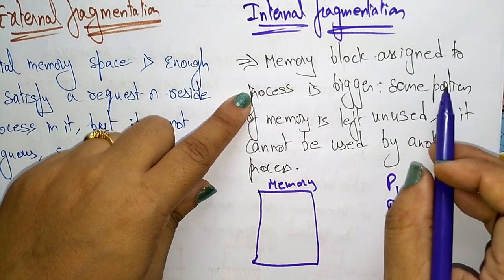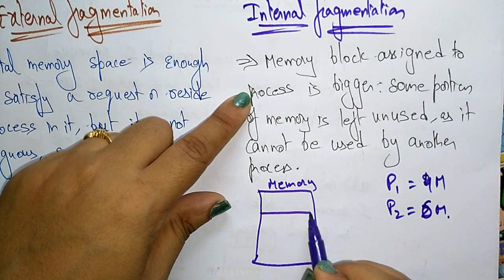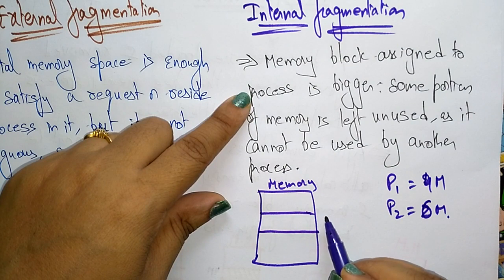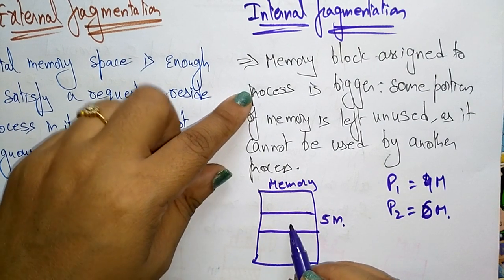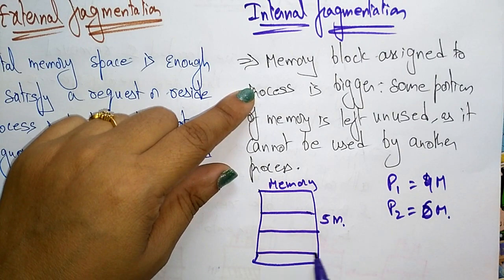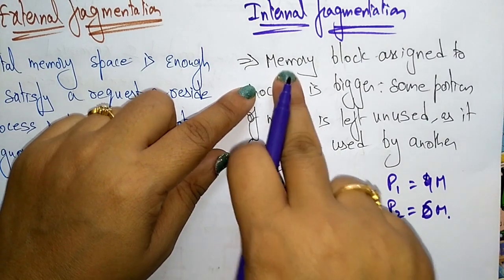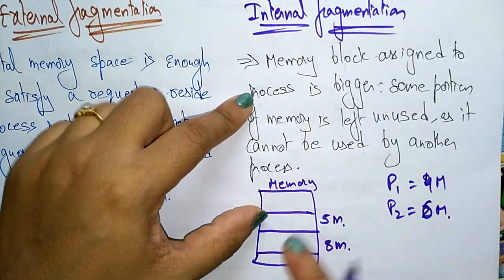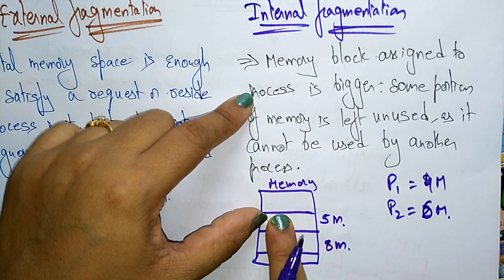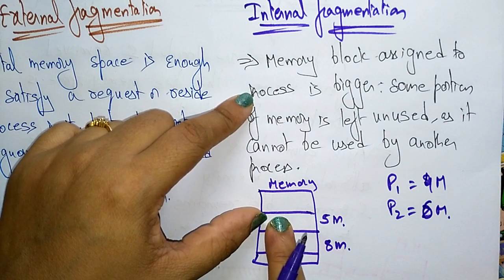A memory block assigned to a process is bigger. This one is 5M, the space allotted for the process, and this one is 8M. So here we are assigning a partition that is bigger than the process.